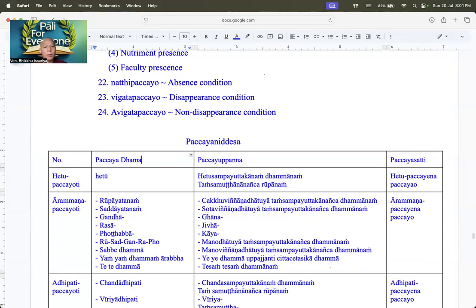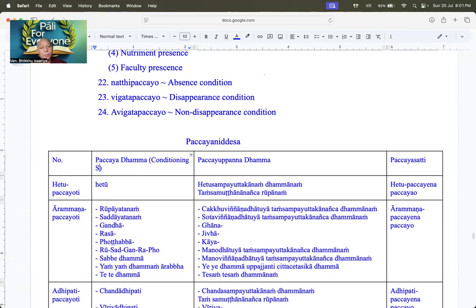So Paccaya Dhamma, this one is Paccaya. So Paccaya Dhamma may be that is condition. But Paccaya conditioning. Yeah, conditioning states.